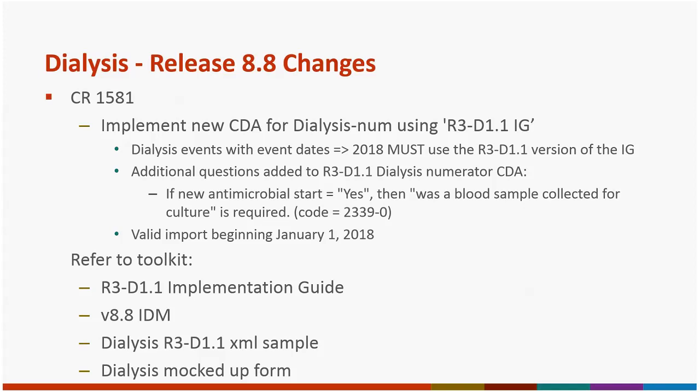So anything from 2018 and beyond will use the R3D11 version of the IG. We added an additional question to the dialysis numerator CDA. If new antimicrobial start equals yes, then was a blood sample collected for culture will now be required. If you look for it on the mocked-up form, the code is 2339-0. And again, this import will begin from January 1st, 2018.